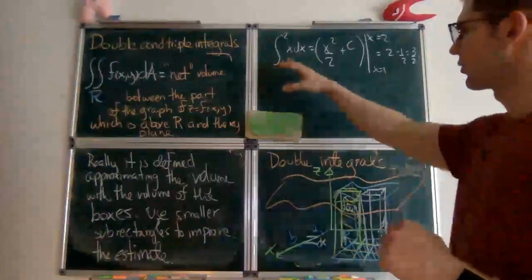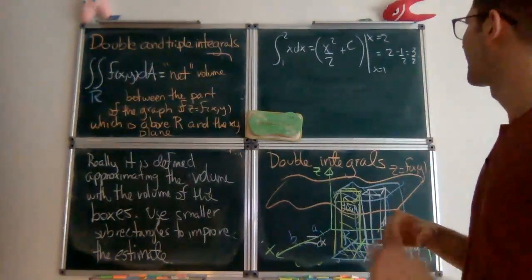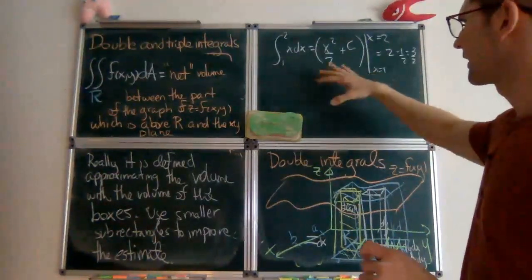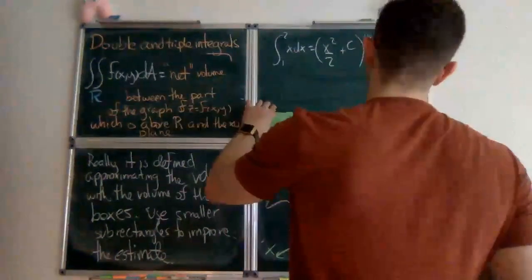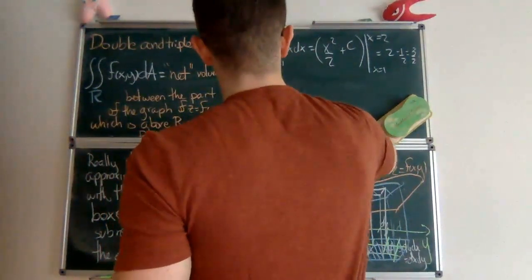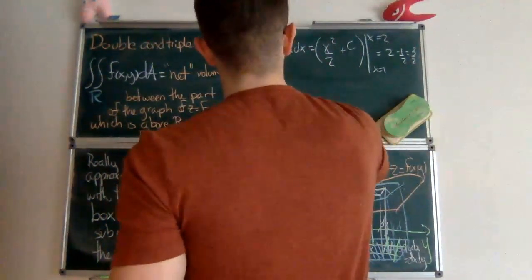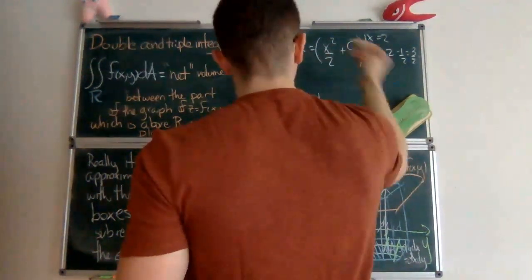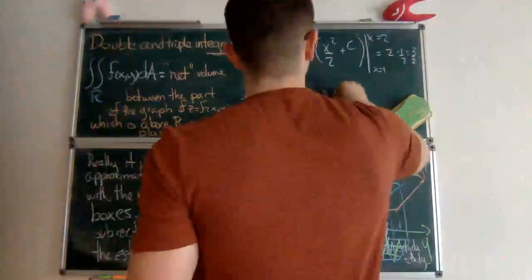So for these ordinary definite integrals, we did something like that, where you had to find an antiderivative first, and essentially we want to do something similar for functions which are of two variables.